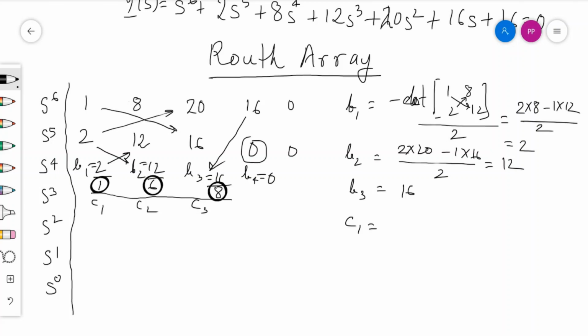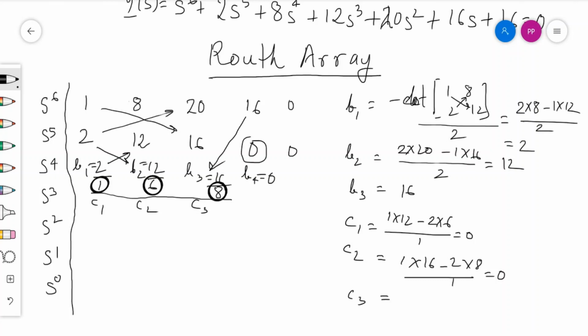It will go like that: c1 is 1 into 12 minus 2 into 6 divided by 1, this is 0. c2 is 1 into 16 minus 2 into 8 divided by 1, this is again 0, and c3 becomes exactly equal to this, so this becomes 0.